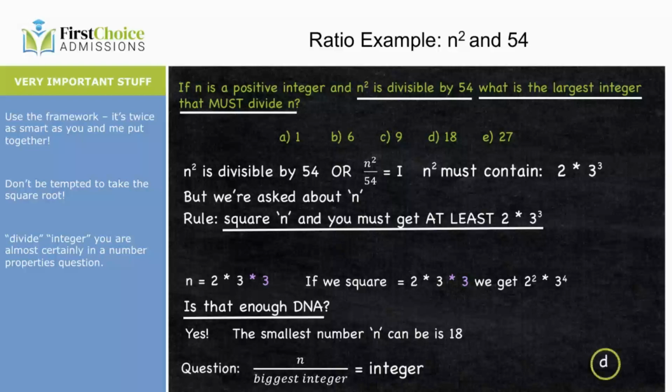Now, is it possible that n is a huge number? Yeah, it is. But we have the word must, which means that we're trying to make our n as small as we possibly can. That means our n, we want to assume that our n is 18.